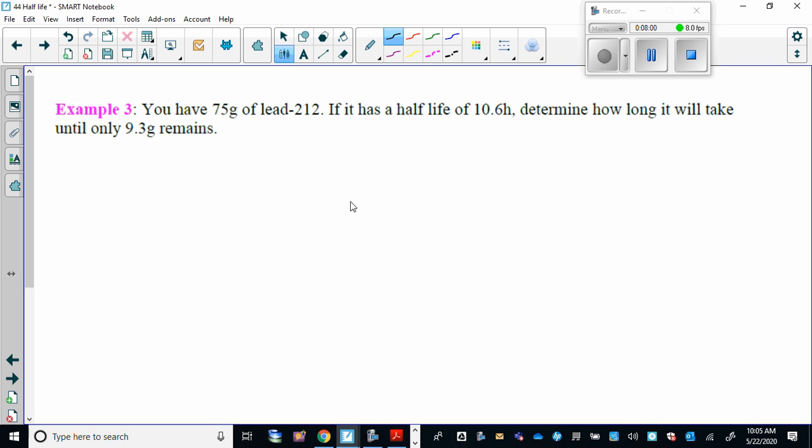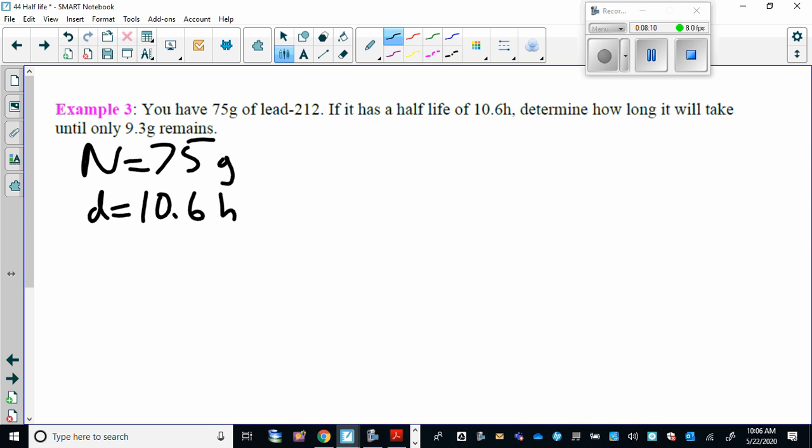You have 75 kilograms of lead. The half-life, the D value, is 10.6 hours. Determine how long it would take so that the final amount, sorry, this is N naught, so that the final amount is 9.3 grams.